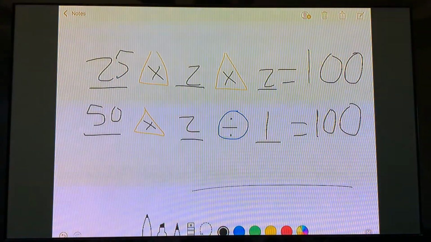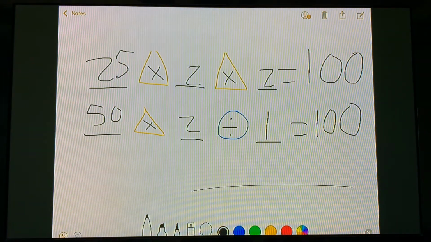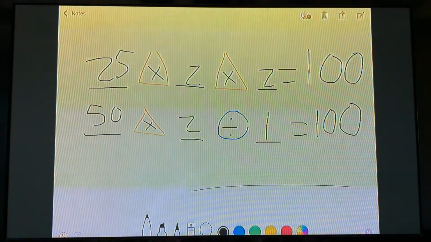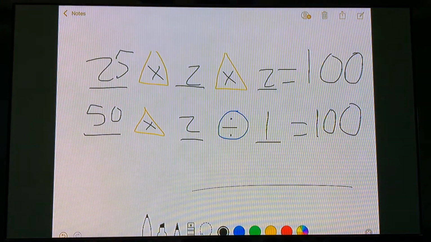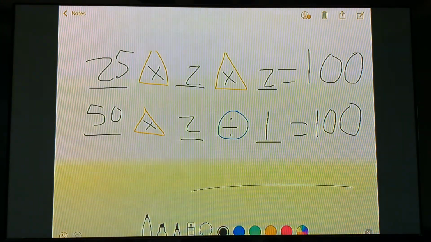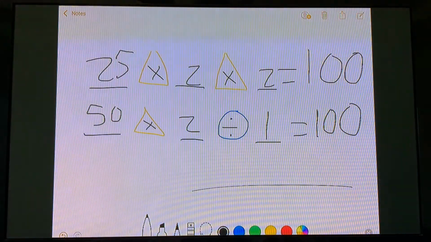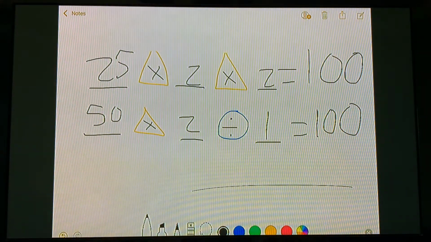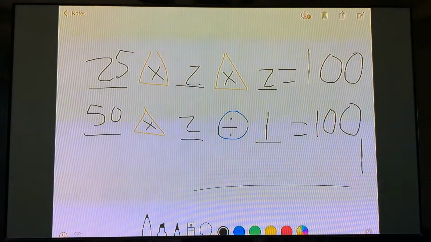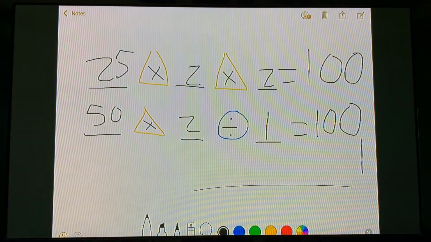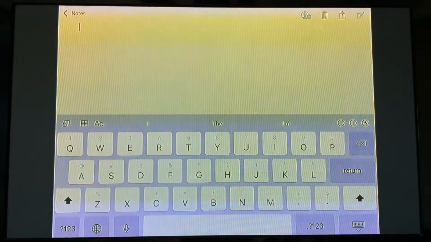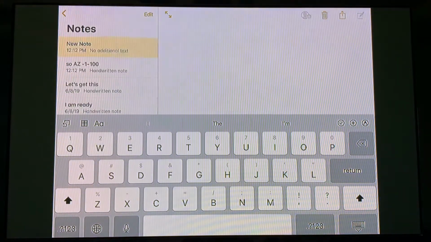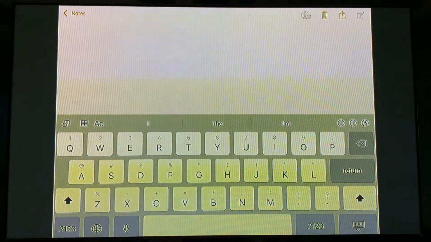Oops, let's see here. I was going to try to go to a second page. Can we make another page here? I have not tried using this piece before. Let's see, can we, no, let me get out of this mode.